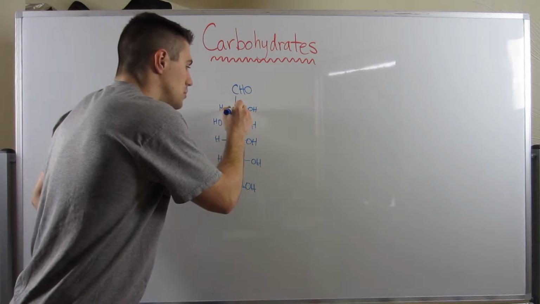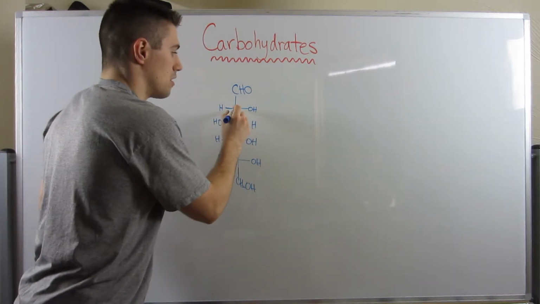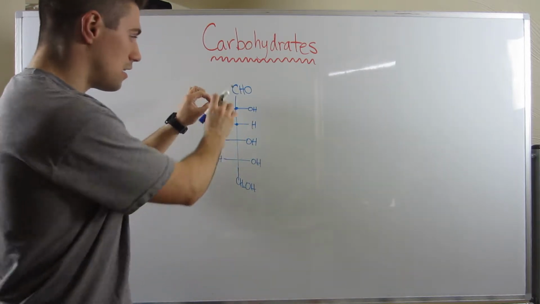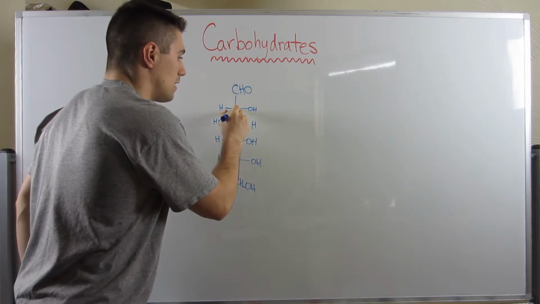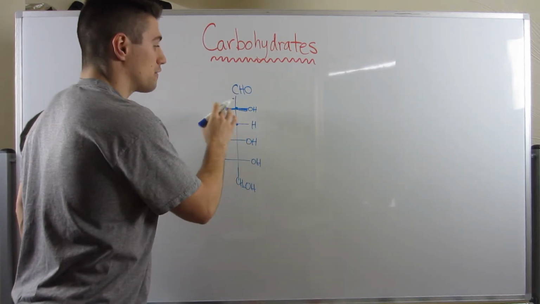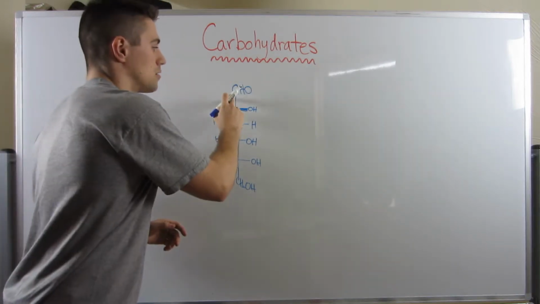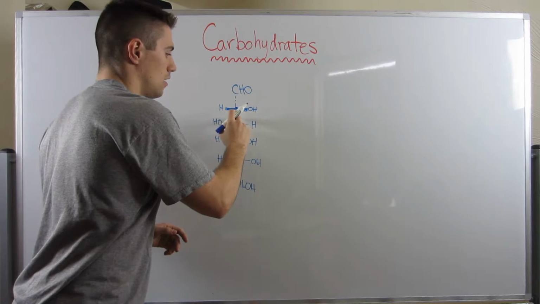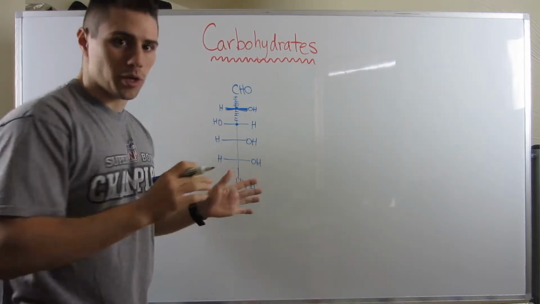Remember, every time you look at a dot in the Fischer projection, the side lines look like arms coming out to hug you, aka they are wedges. On the flip side, the ones going up and down are going back away from you, so they are kind of like dashes. Just as a quick reminder.